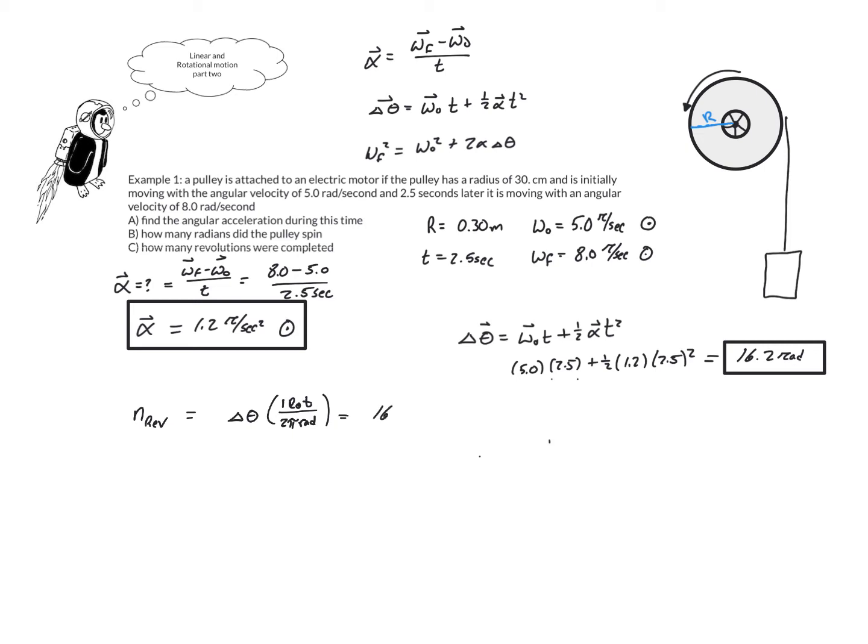So 16.2 rads, multiply that by 1 rotation over 2 pi rads, and we get how many times this spun around, which is 2.6 rotations in the end.